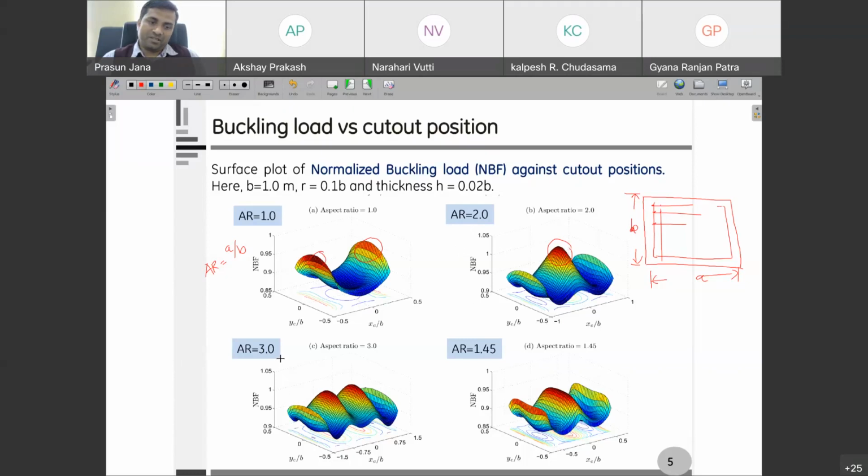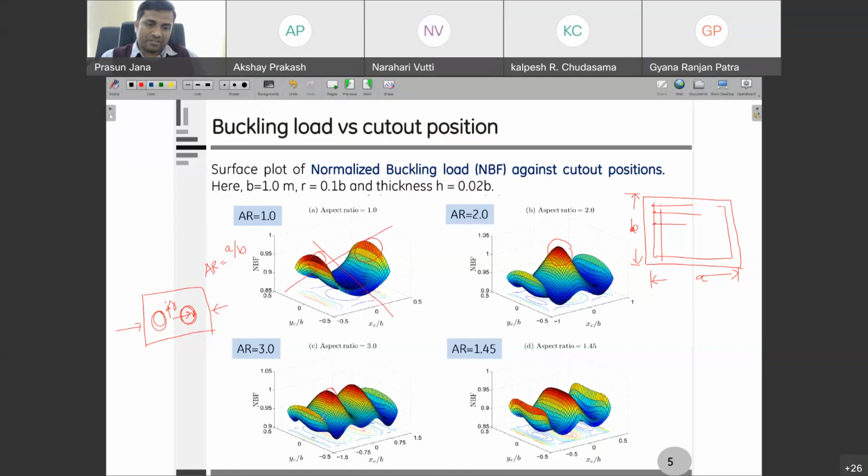When you have aspect ratio 3, because the loading is symmetric about the X and Y axes, if you take X and Y at the middle, it doesn't matter whether I put the cutout here or here. They are basically the same.